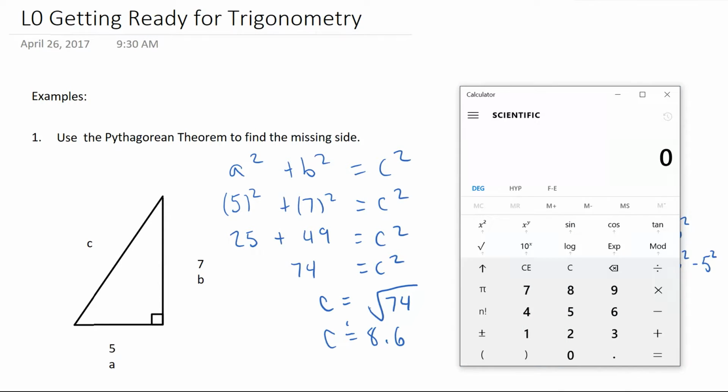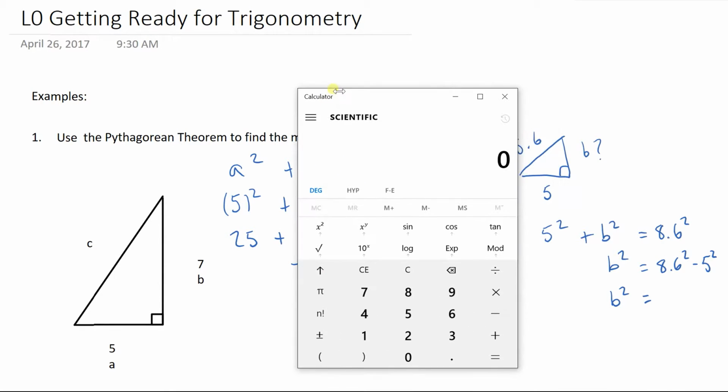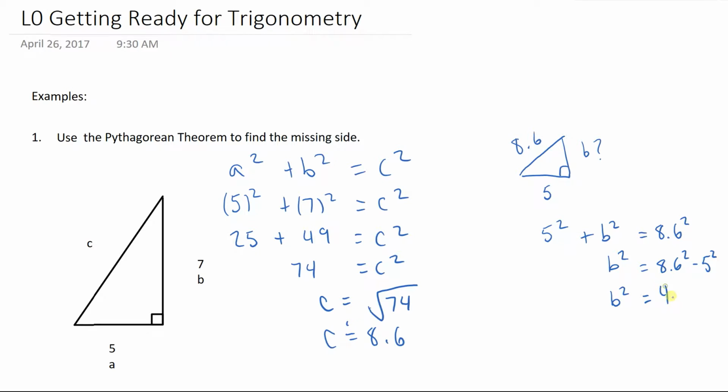And 8.6 squared minus 5 squared. Okay, so it's about equal to 48.96. Well, it's actually kind of exactly equal to, but I know the 8.6 was rounded previously, which makes me feel like it's approximately equal.